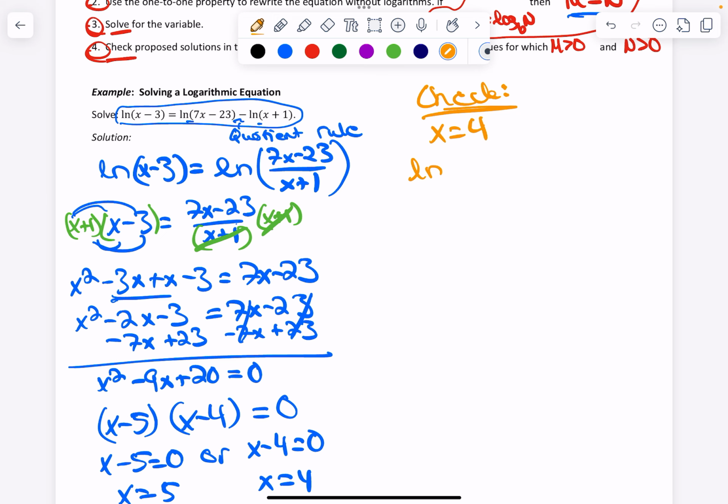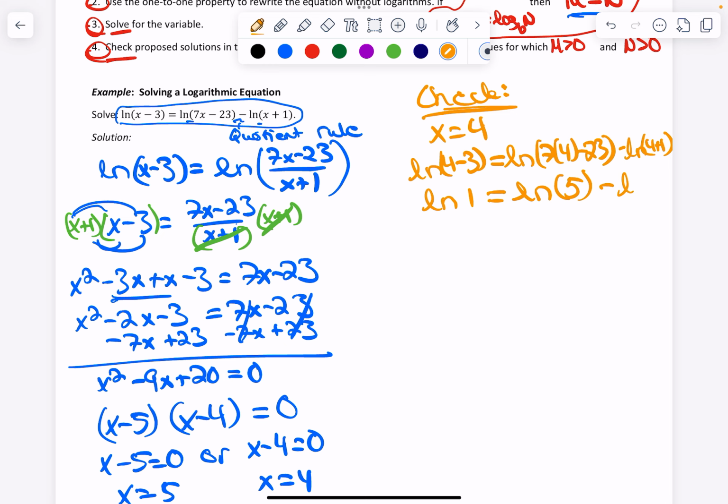So natural log of 4 minus 3 equals natural log of 7 times 4 minus 23 minus natural log of 4 plus 1. So natural log of 1, natural log of 28 minus 23 is a 5, minus natural log of 5.